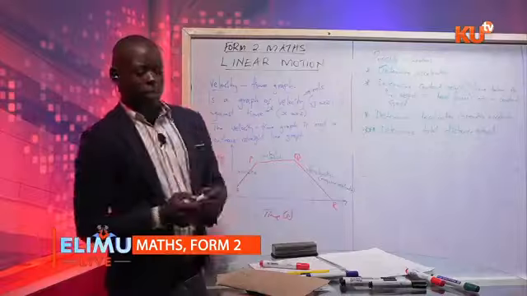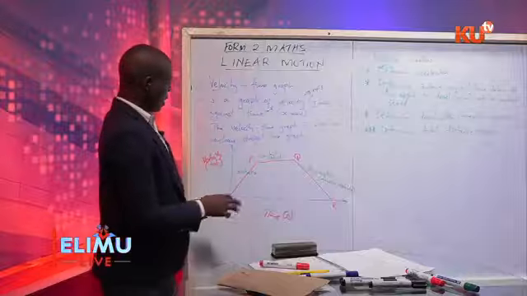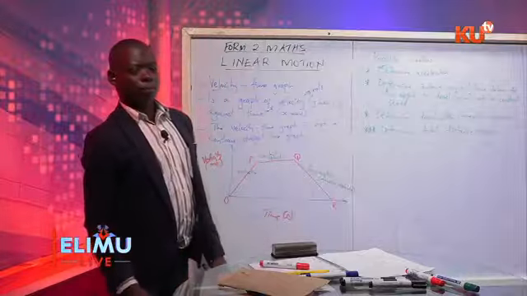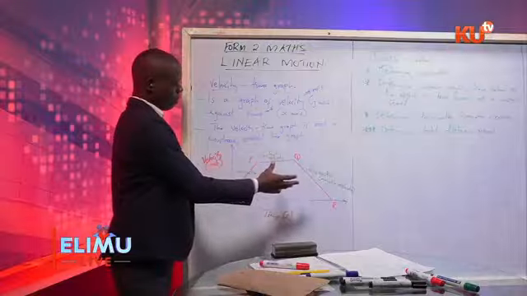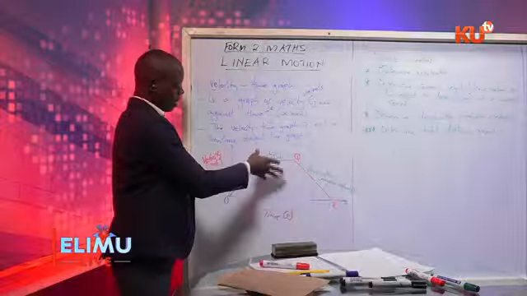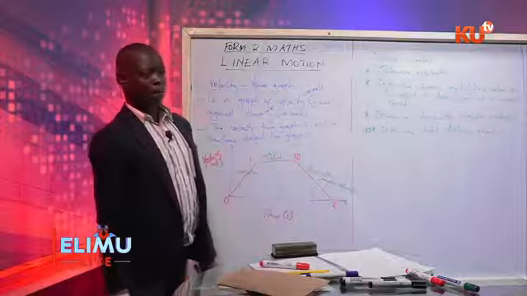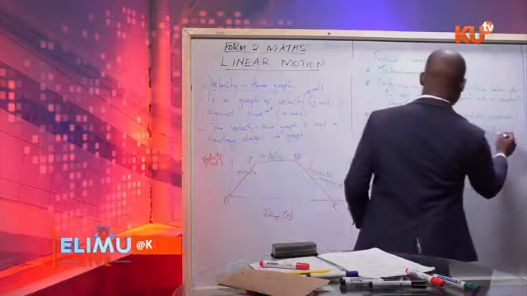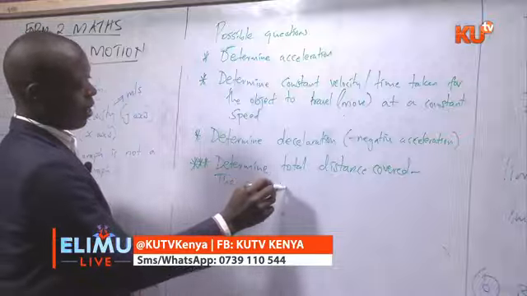When you are asked to determine the total distance covered, what you need to do is calculate the area under this curve. This can form 3 or 4 figures. Subdivide them and calculate the total area. That will give you the total distance covered. So simply get the area under the curve.